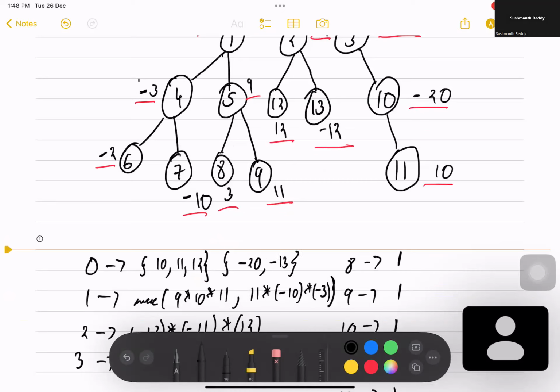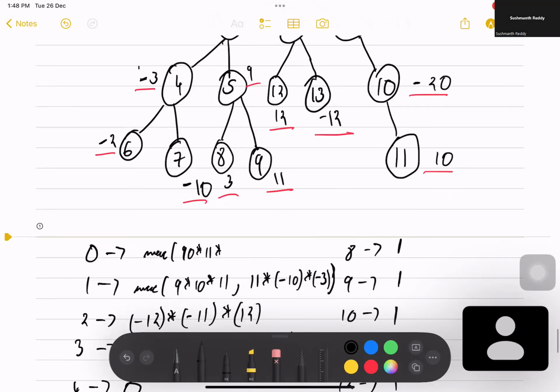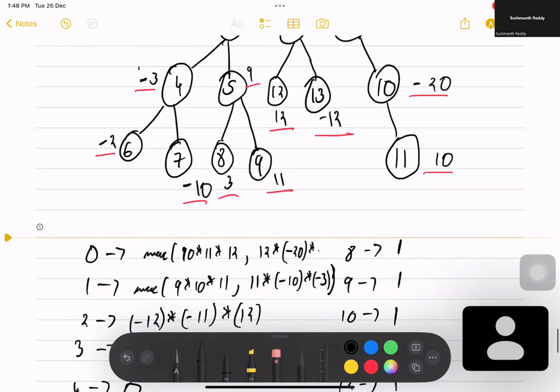So the result of this would be max of 10, 11, 12, which is the 3 positive scenario, and the other would be 1 maximum positive into -20 into -13, right?